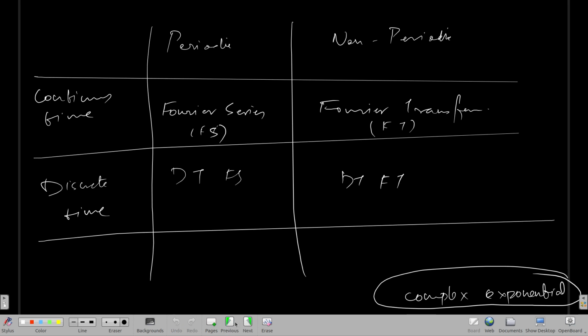So this is the bird's eye view of what we are going to see in the upcoming lectures. Now before I wind up this lecture, a word about transforms.